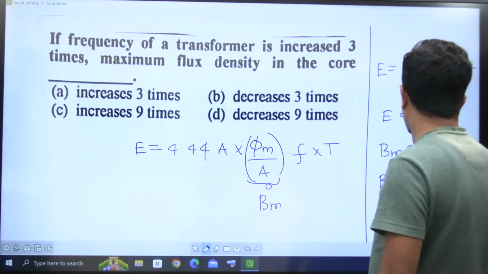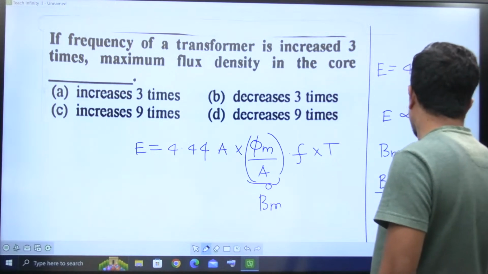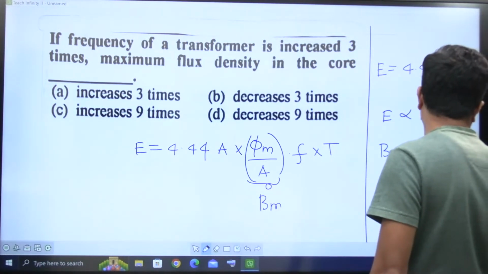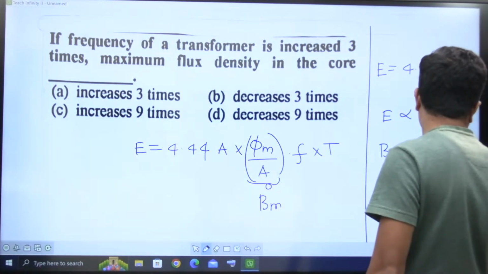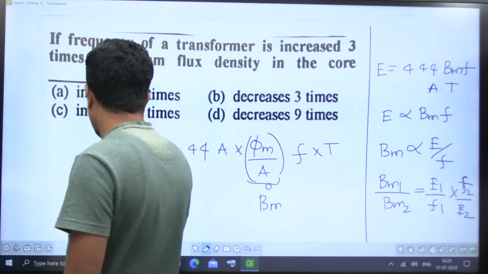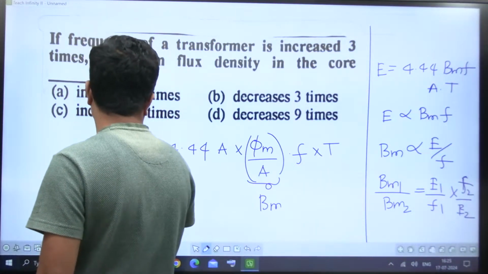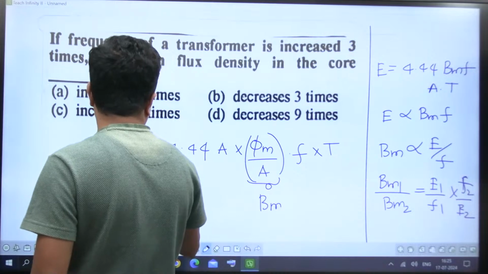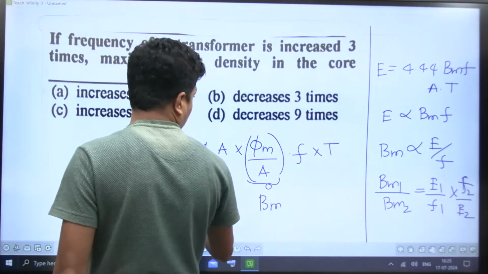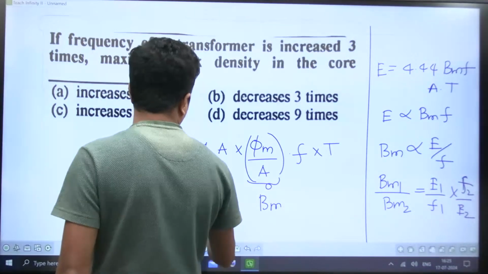So Bm1 by Bm2 is equal to E1 by F1 into F2 by E2. So Bm2 is equal to Bm1 into E2 F1 by F2 into E1.